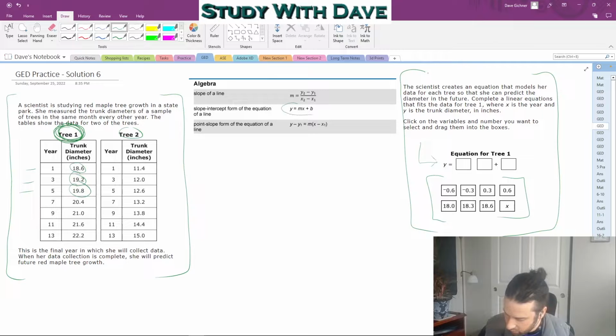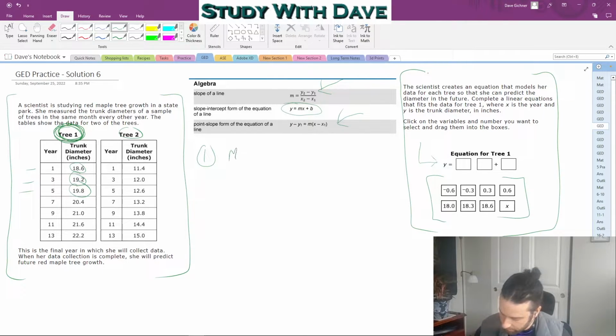So our final answer will be in that form, but we will have to use the slope of a line formula and point slope form of the equation of a line. We'll have to use both of those to find our answer. So there's going to be 2 steps to this. So step 1, we're going to find the slope.